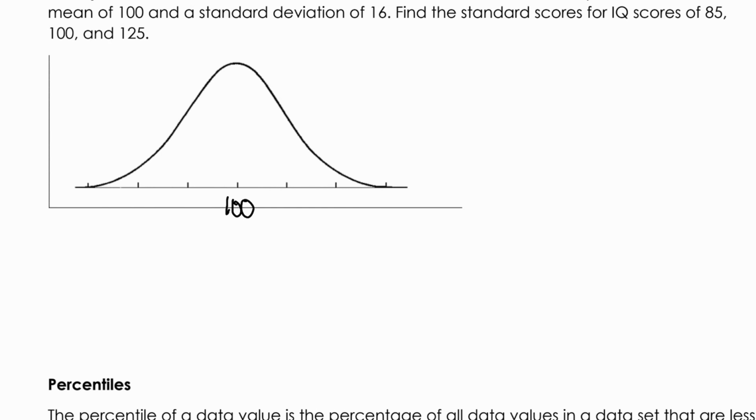If I add 16, that gives me 116, then 132. I don't need to go any further because we're doing 85, 100, and 125. If I subtract, that's going to give me 84, and then subtract 16 again, that's going to give me 68.